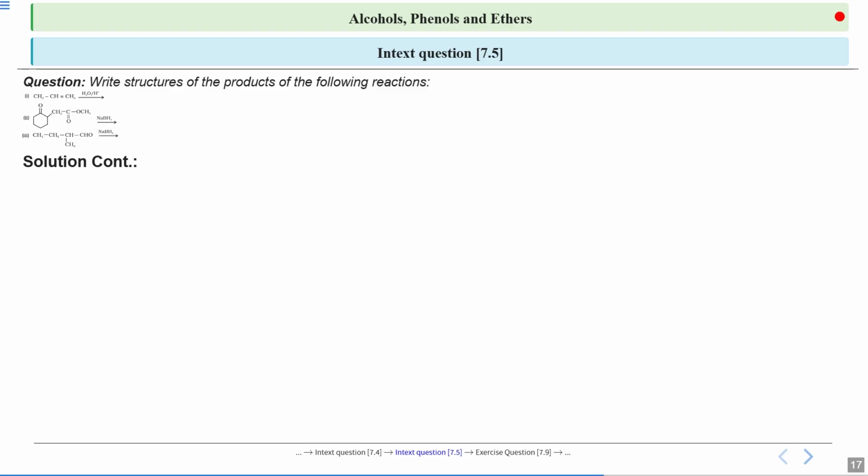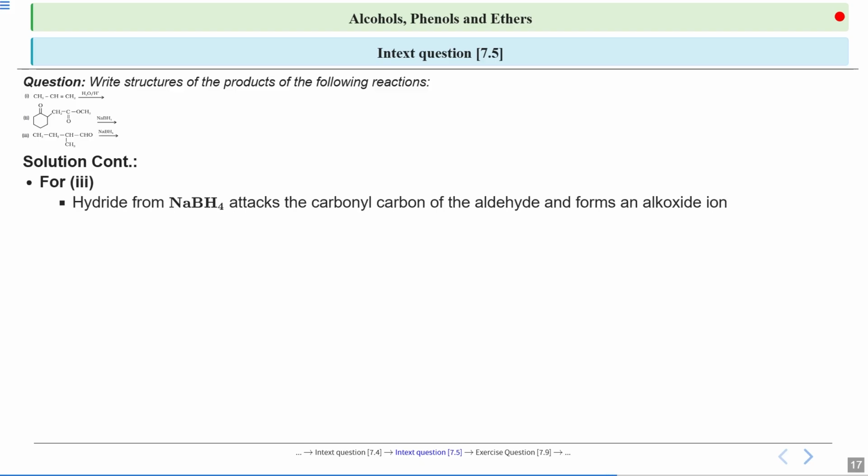Let's see now the third reaction given. Again we have sodium borohydride in the third reaction as a reagent. So hydride again from the sodium borohydride attacks the carbonyl carbon of the aldehyde and forms an alkoxide ion, because in the third reaction the reactant is an aldehyde, right?